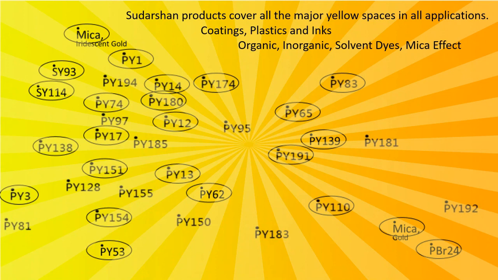And to the red side, we have our pigment yellow 110s and 139s and gold micas, as well as all the way to the red side our CICP pigment brown 24. The circled areas are the color indexes that Pseudoshan has for the yellow color space.